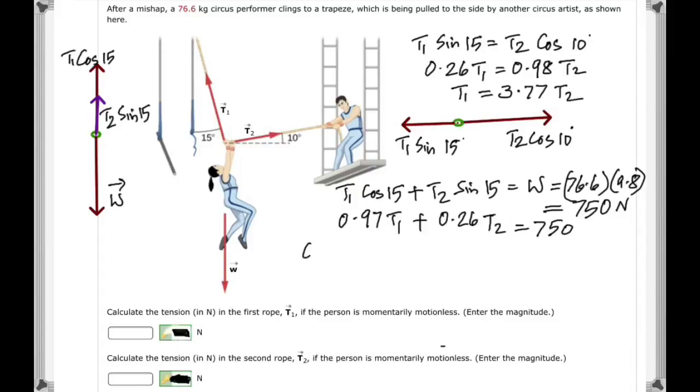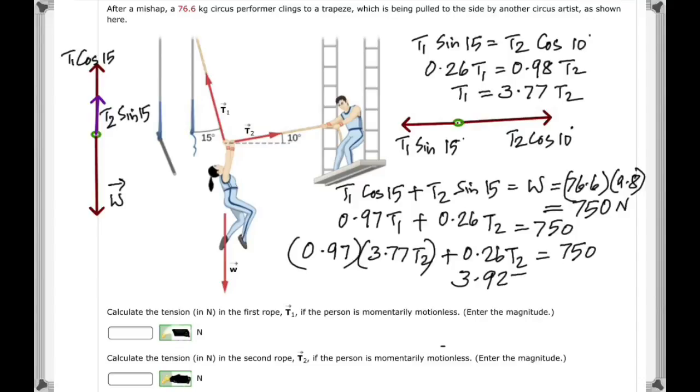So now it's just a case of, from the first one, T1 is 3.77 T2, and that's what I'm plugging in for T1. And so that's just T2. So solve that.